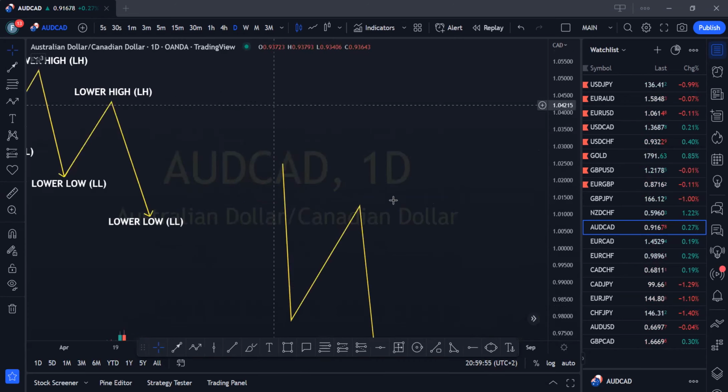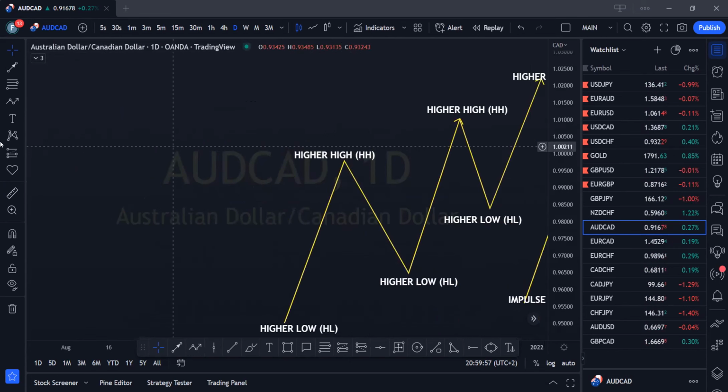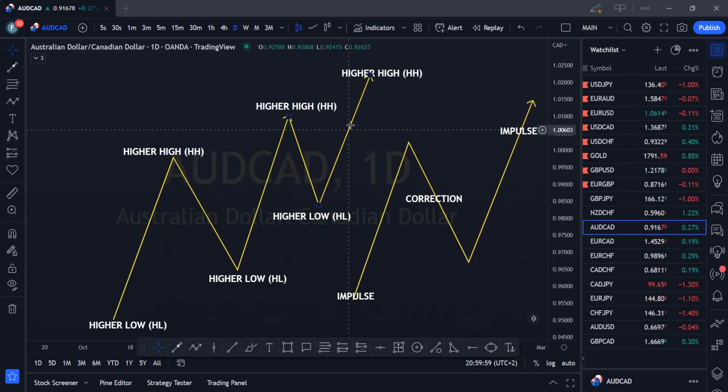So in a downtrend, you want to be actively looking for a resistance zone where you'll be looking for sells. In an uptrend, price is trending up, so you want to be looking to buy. You'll be looking for a support level where you'll be looking to buy. So we buy at support in an uptrend, and then we sell at resistance in a downtrend.